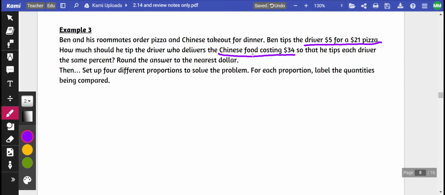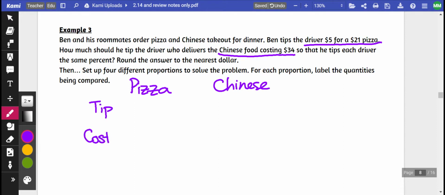Okay, so what I'm going to have us do here is look at the fact that we've got our pizza and our Chinese food. So with our pizza, we have two things. We've got the tip amount, and then we also have the overall cost. So for the pizza, the tip amount was $5, and for the overall cost, it was $21.